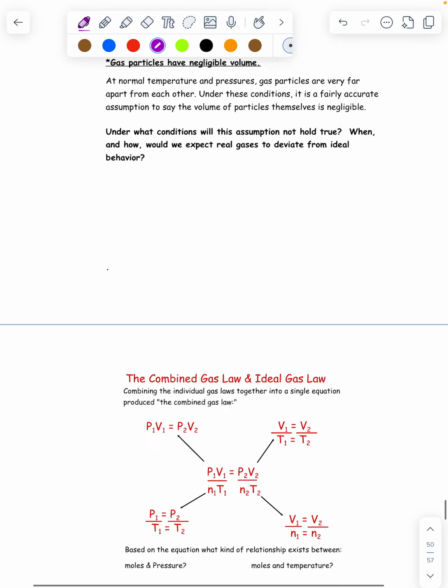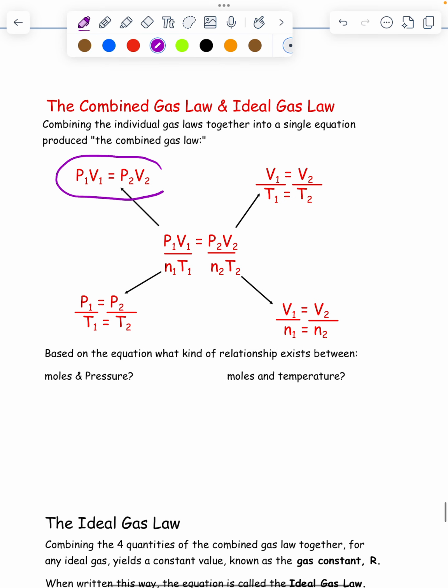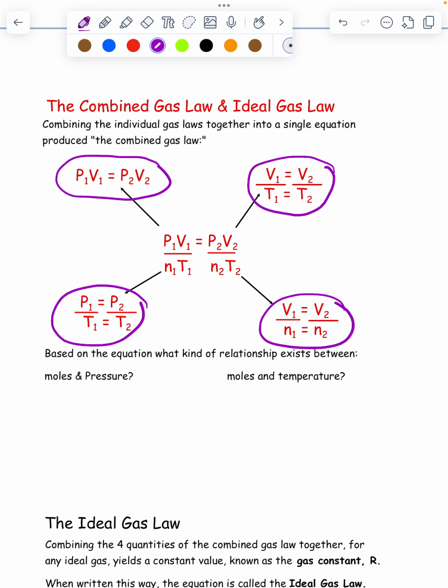If I skip ahead, if we take all 4 of those laws about pressure and volume, and temperature, pressure and temperature, volume and moles, and we combine them together, we essentially get 2 different giant equations. This one here, although this one is often written without the moles in it, when you keep the amount of gas the same, is called the combined gas law.